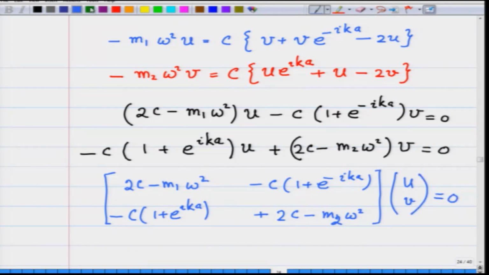And the solution I want is where u and v are non-vanishing.